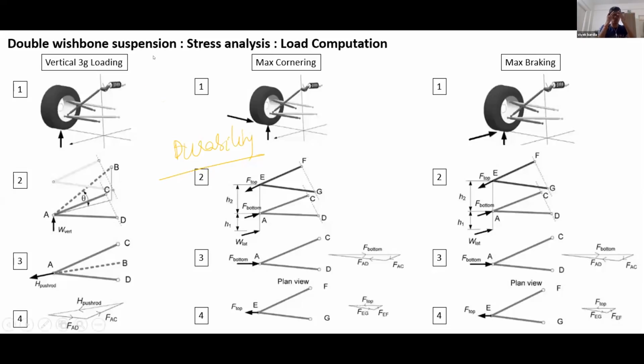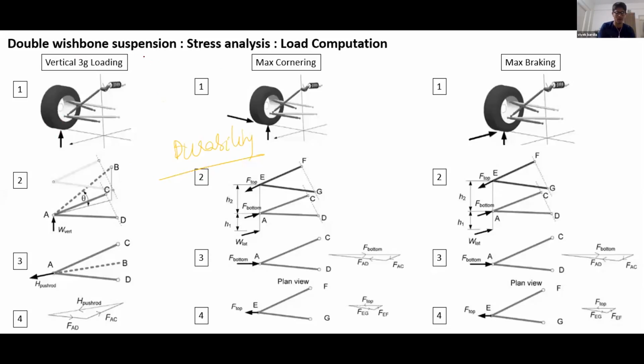This course is about complete design of the suspension. It is not just the kinematics, but also how much force comes onto the suspension and whether a suspension is truly durable, right? That is, your suspension component shouldn't break. So to evaluate the structural durability of the suspension, we need to evaluate the loads which are coming onto the suspension. Okay, let's look at that.